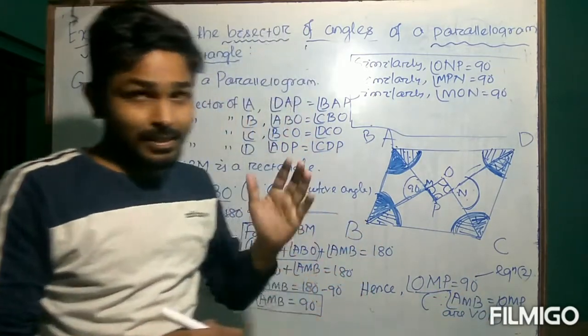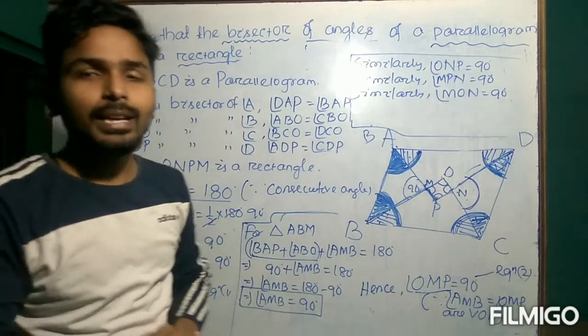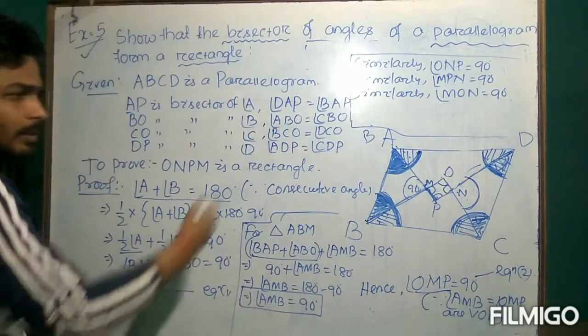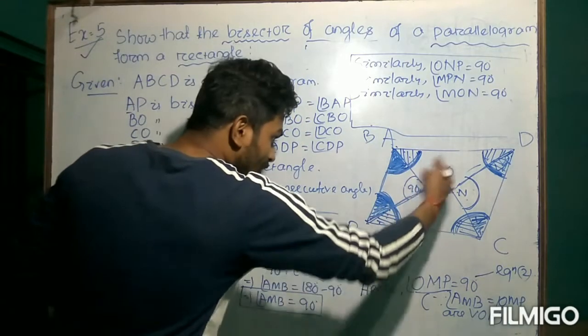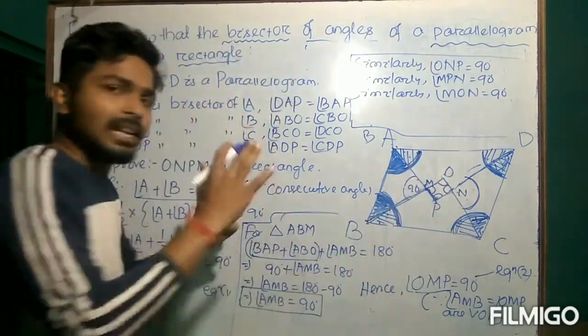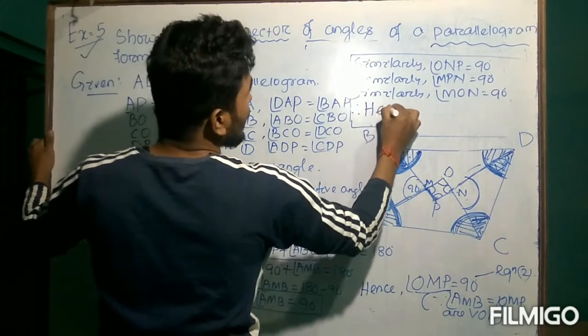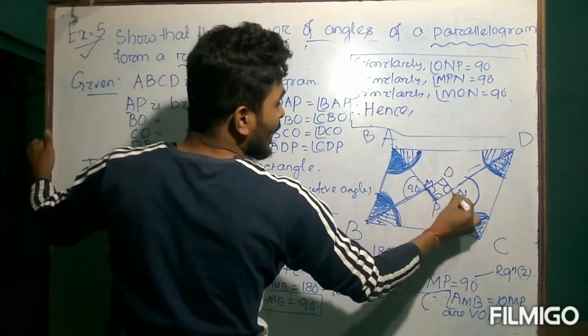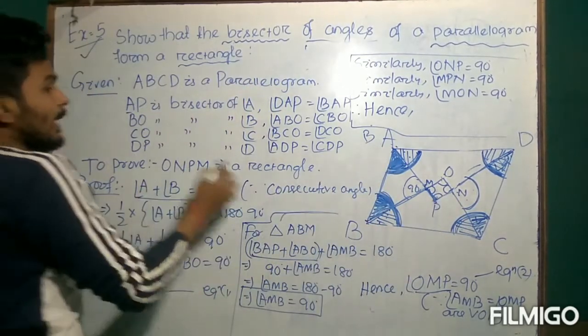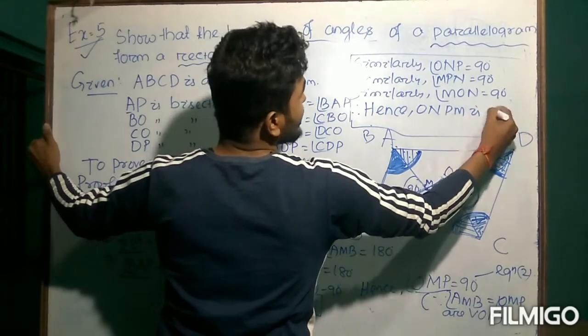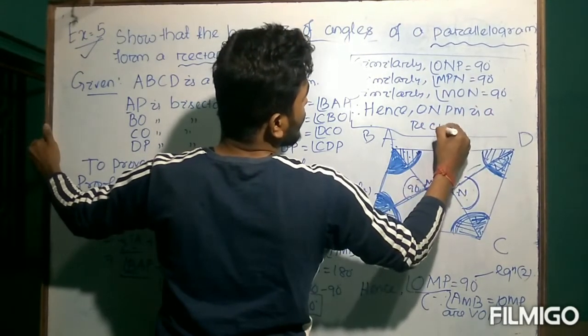That means it is nothing but a rectangle, because in a rectangle all the angles are 90 degrees individually. So here also we get that all the values of interior angles are 90 degrees each. So you can write hence ONPM, right? ONPM is a rectangle.